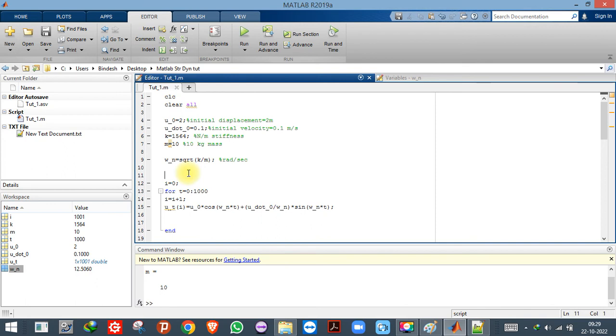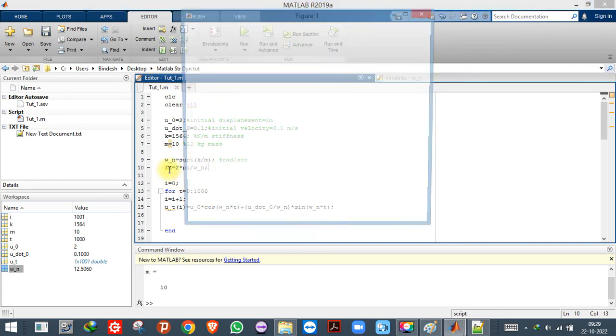Now I have to find out the frequency in cycles per second. So I'll write Fn in cycles per second, it will be omega n upon 2 pi. So this will give me the frequency in cycles per second.